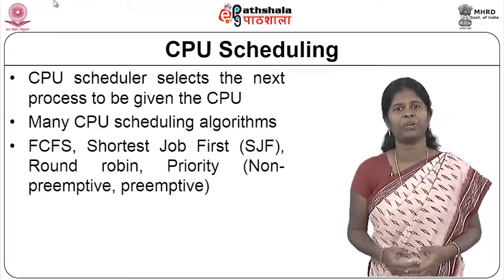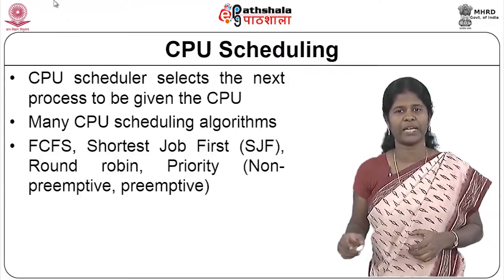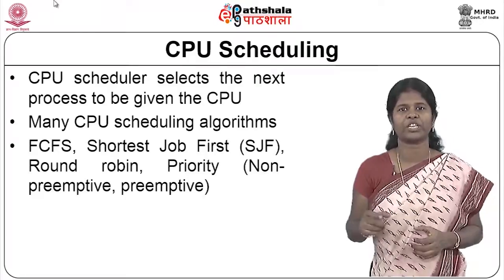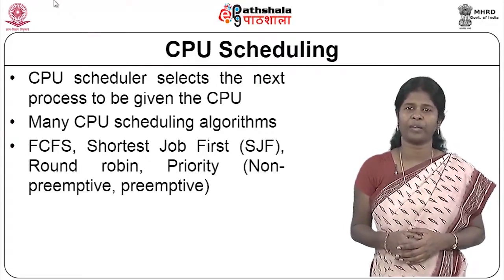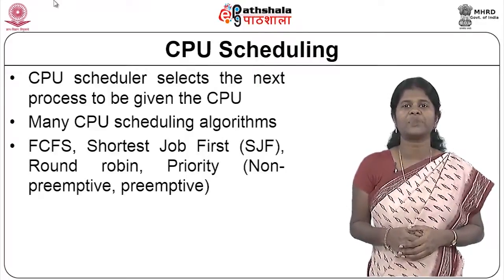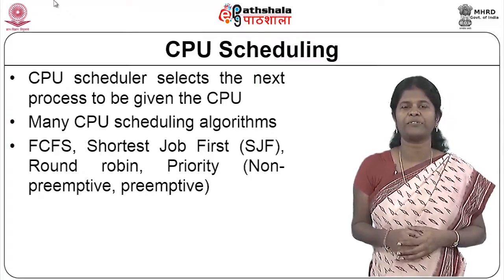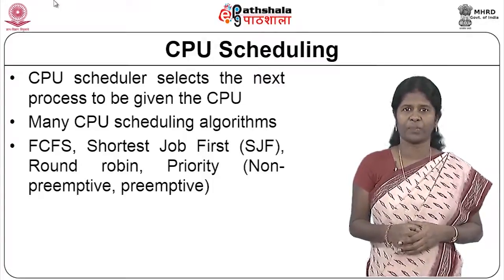Then we learnt about round robin scheduling, where the CPU time is divided into slices and the process is given each time slice, and then priority scheduling, where the process with the highest priority is given the CPU. And this priority scheduling can be preemptive or non-preemptive, and even SJF could be preemptive or non-preemptive.